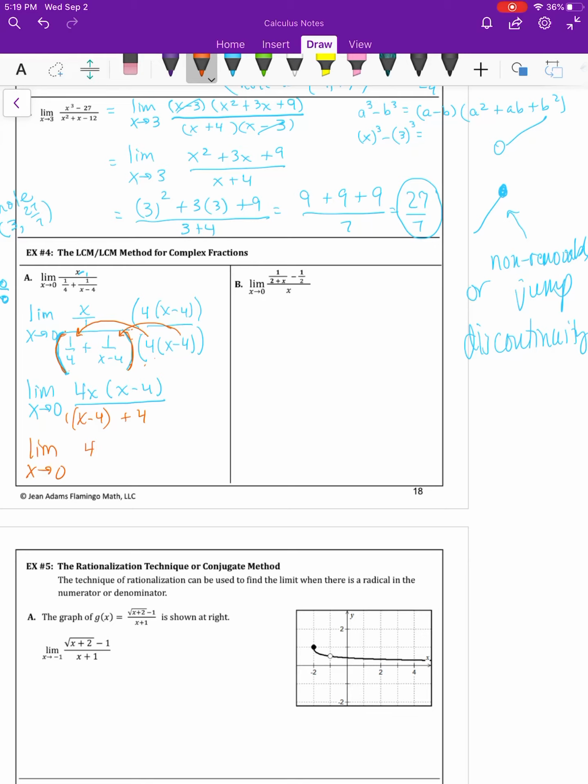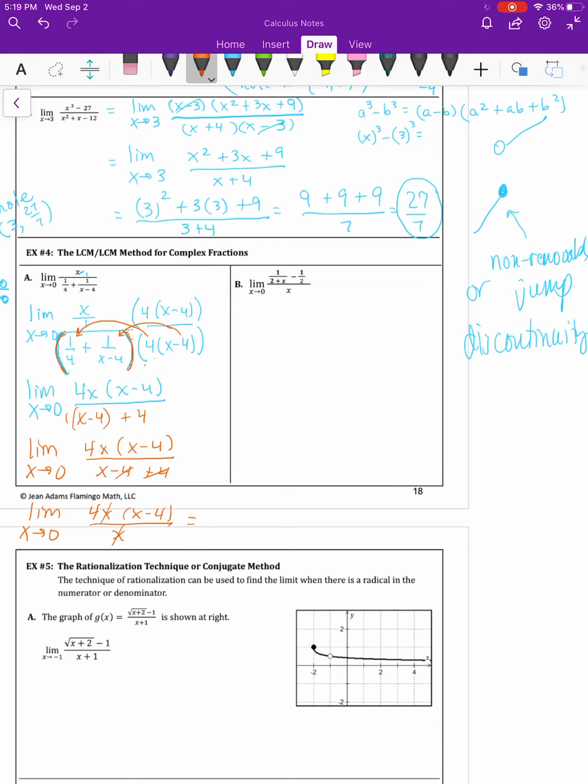I've got 4x. You don't want to distribute, because look what happens here. I'm left with x minus 4 plus 4, and those cancel. And limit as x goes to 0, I've got 4x times x minus 4 over x.